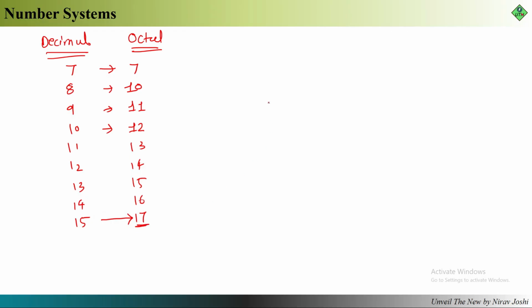In decimal, after 17 comes 18, but we do not have the symbol 8 in the octal. In 17, 7 is the last symbol of the octal. If you want to compare it with decimal, we can compare it with 19, where 9 is the last symbol in the decimal. What comes after 19 in decimal is 20.